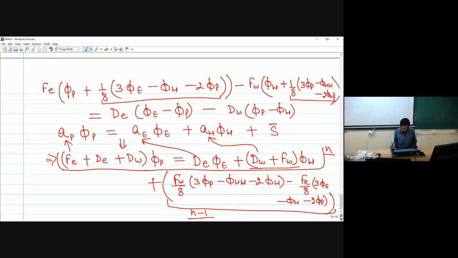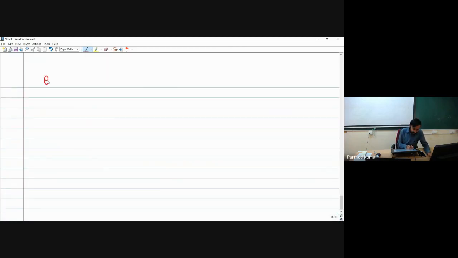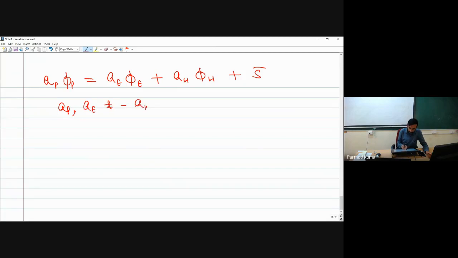So basically what I am doing over here is trying to judiciously write my expression of the QUICK scheme in such a fashion that all the diagonal terms AP, AE and AW are always positive.